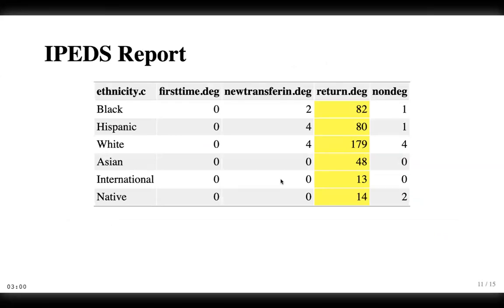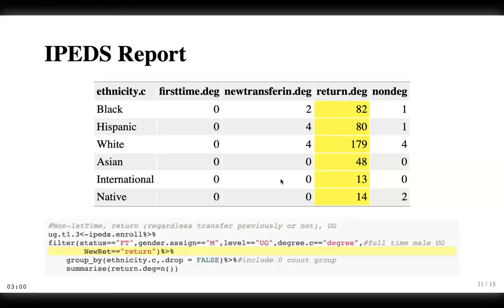I have another brief code chunk to show you about preparing iPads report. In this code chunk, I am preparing numbers of enrollment of different racial groups based on student status.